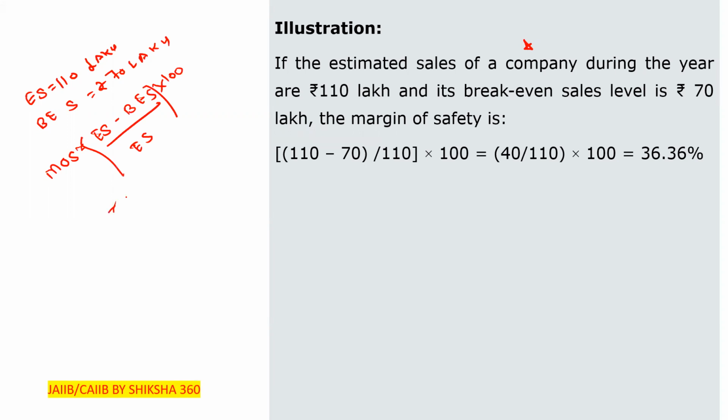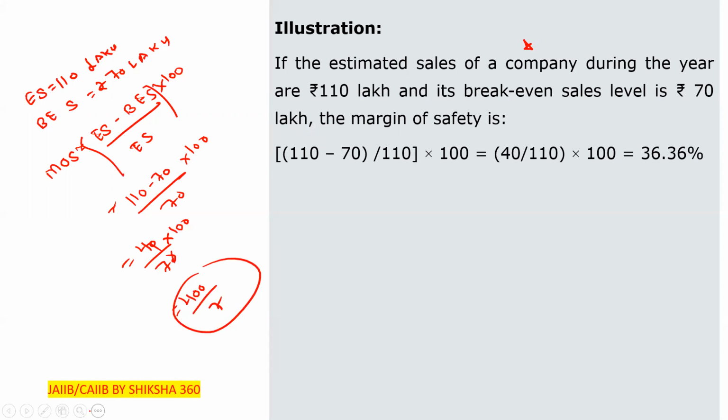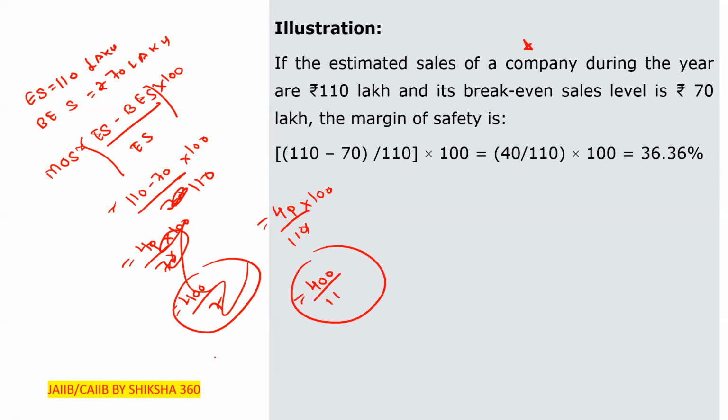So 110 minus 70 is 40, upon 110, into 100. Sorry, I was writing 70 in the denominator. So it is 40 upon 110 into 100. That is the margin of safety here.